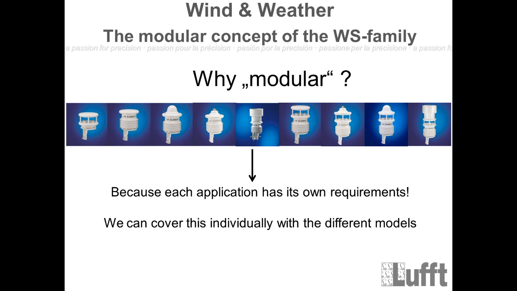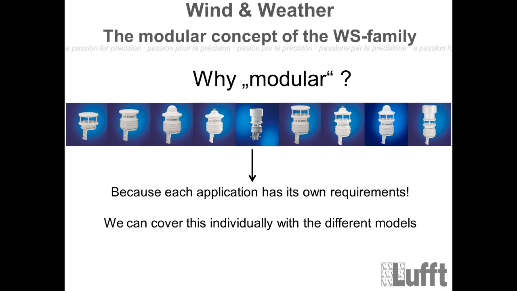With this modular concept, customers will be able to choose the right sensor for the right application. That's what we also answered in the last sentence here. We can cover this individually with the different models.